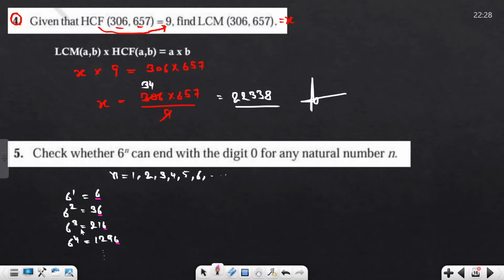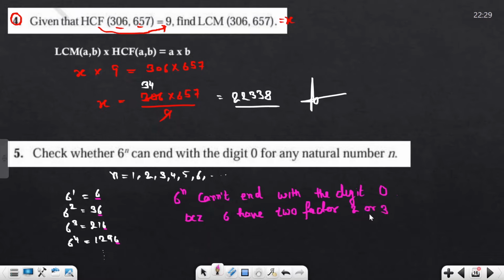So it means what? No. 6 power n cannot end with the digit 0, because 6 has two factors, 2 and 3.